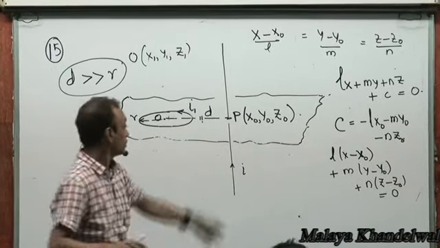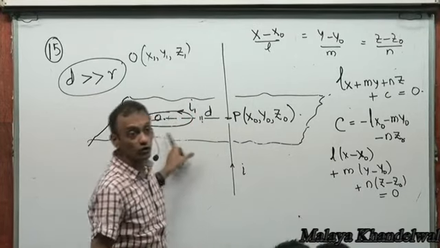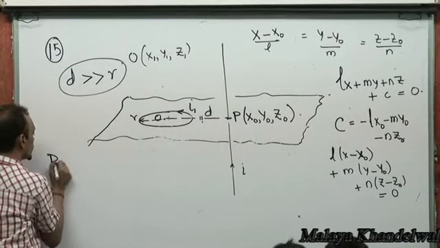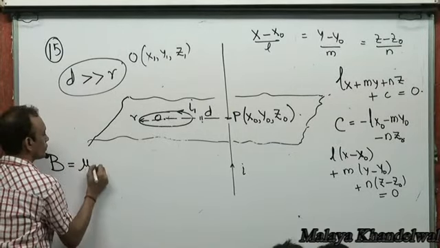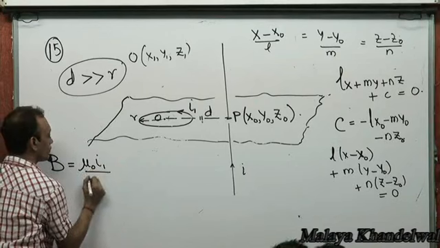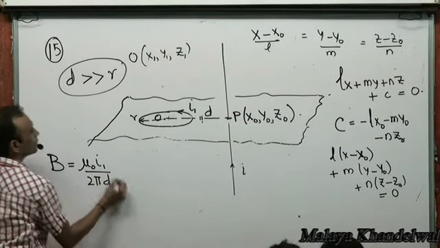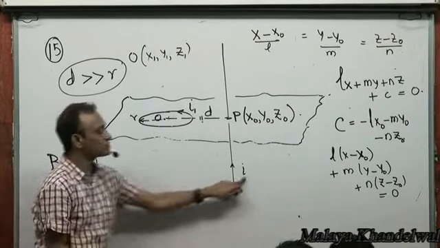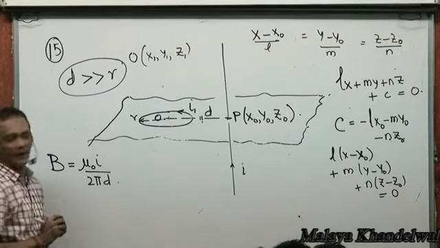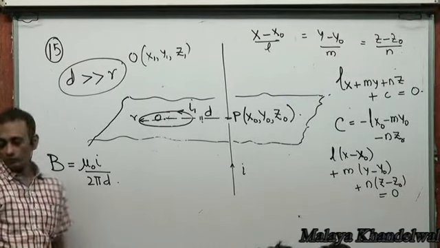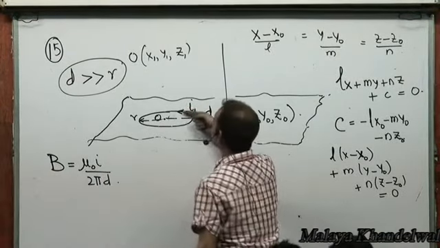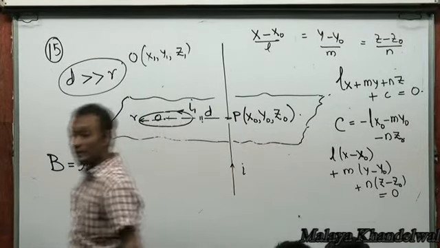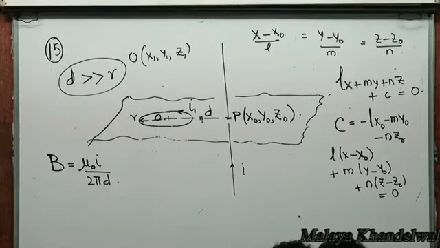So I can imagine the exposure of this circular loop is to a uniform magnetic field, the magnetic field at O. The magnetic field produced by this wire at O is going to be mu naught I1 by 2 pi D. Yes or no? And do you also realize that this B at every point of this loop would be along the tangent to this loop, yes or no?